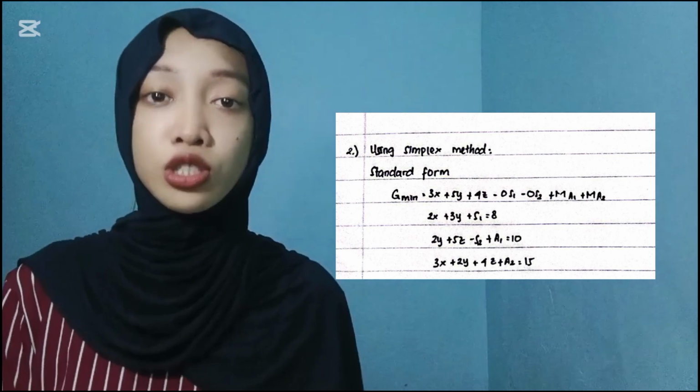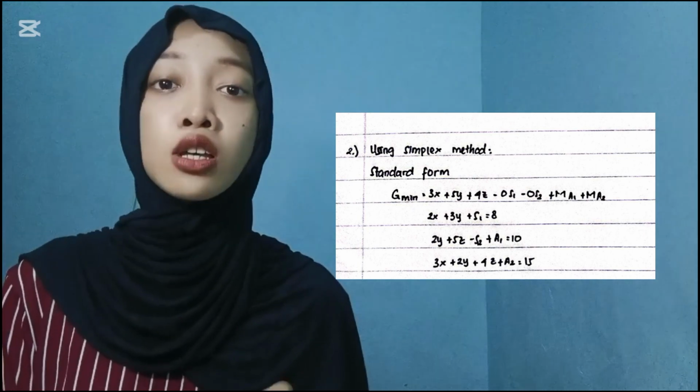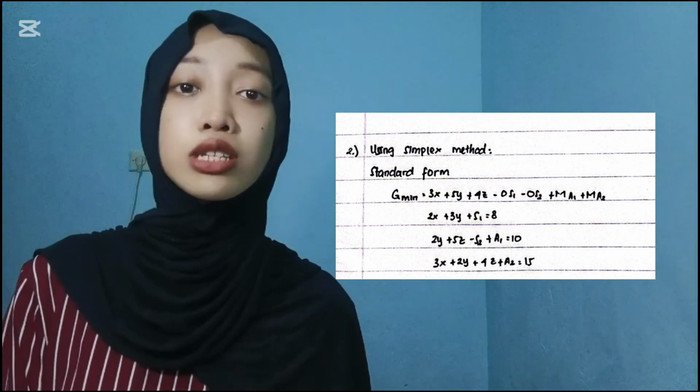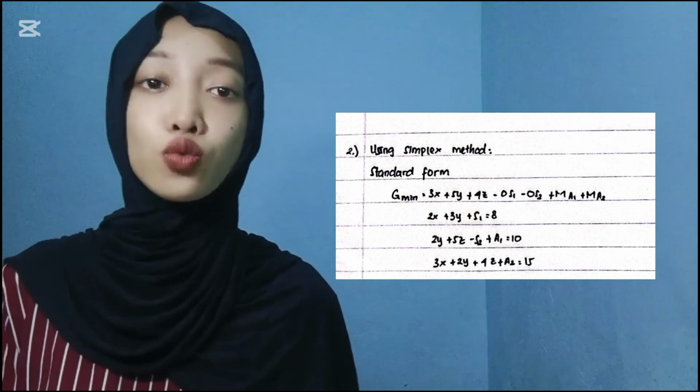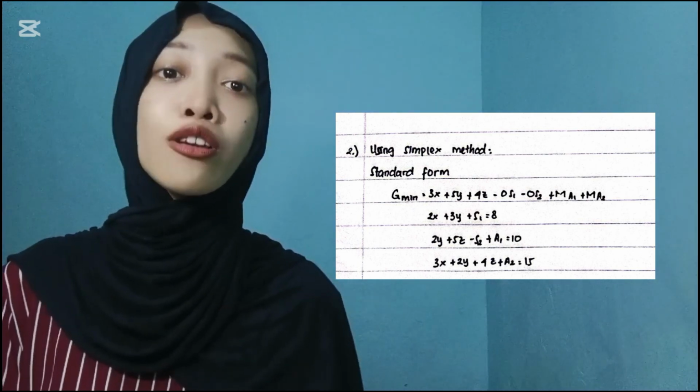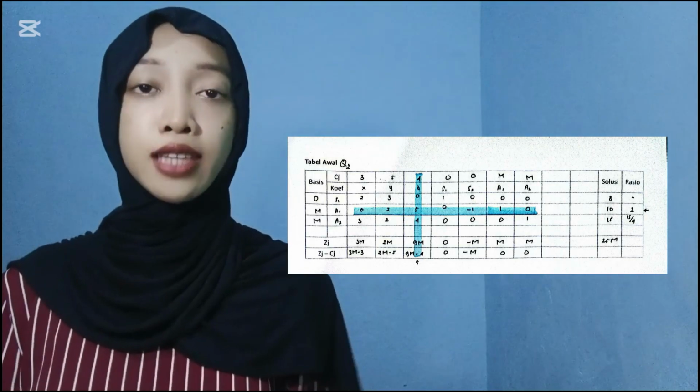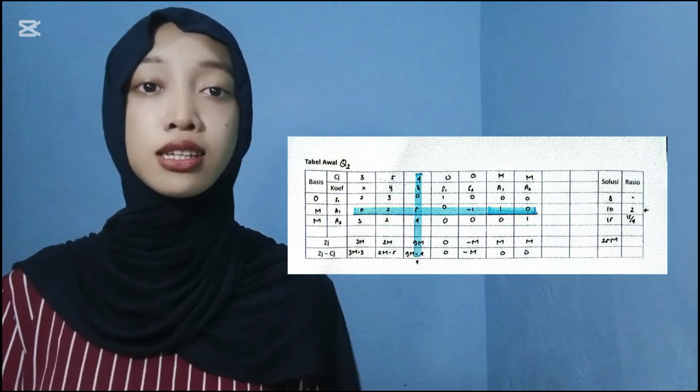And the last constraint 3x plus 2y plus 4z plus a2 is equal to 15. So next step is iteration with initial table.